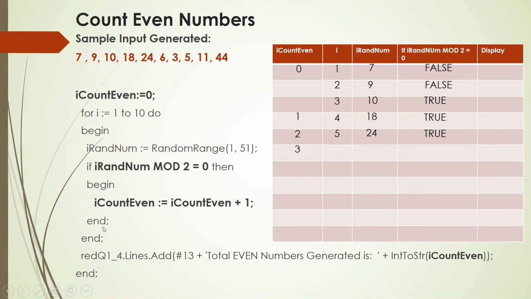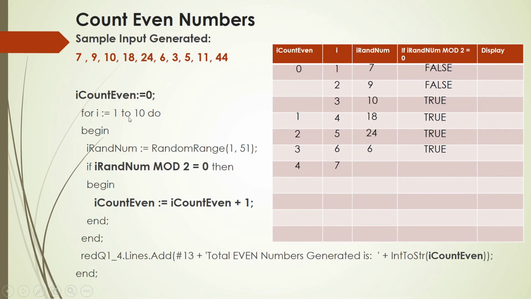I increment my loop counter, it goes to 6. I now generate the next random number, 6. I check if the random number mod 2 equals 0, true. Increment my counter, now it goes to 4. Increment my i, the loop goes to 7.